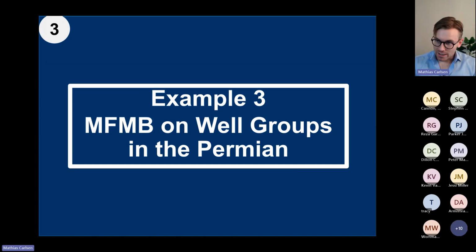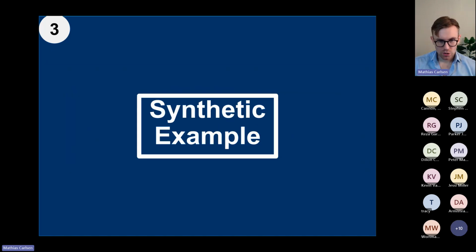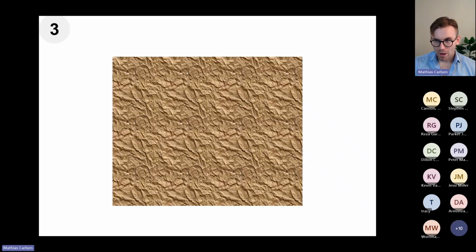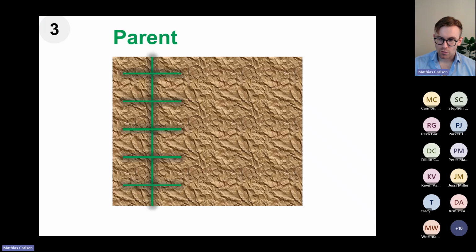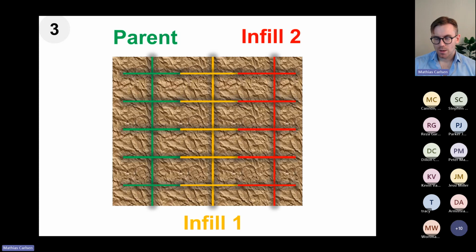So a synthetic example is always where we start. This was a paper that Leslie and Barry were putting together for UTEC this summer. We started with a synthetic example, similar to what we did with the refracs, where we had a parent that produced for a period of time, I think 2 years, and then we had 2 infills that came online.